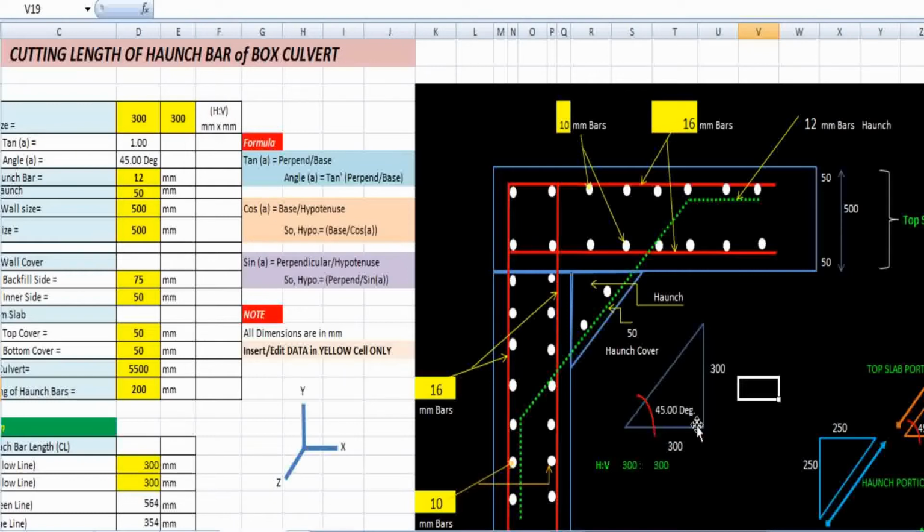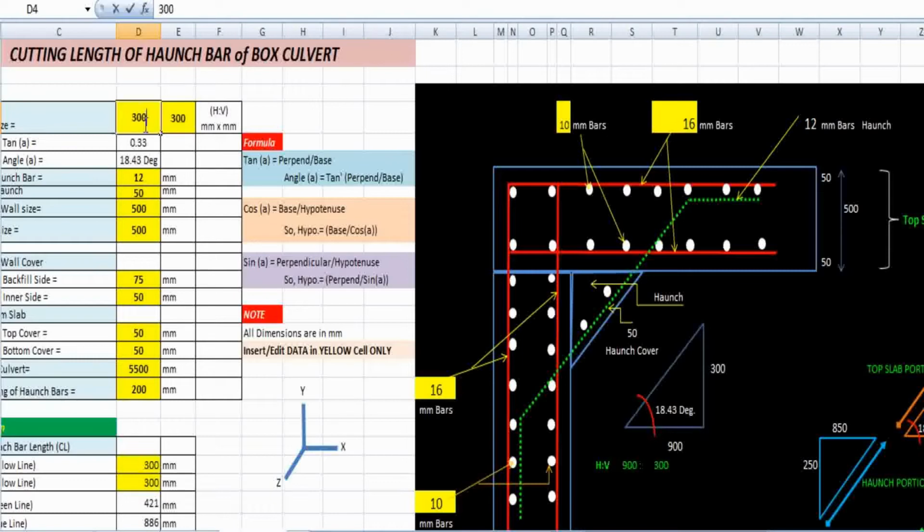So suppose I have to change, suppose here 900, then here also I incorporate the value as 900. Okay, 900 by 300.